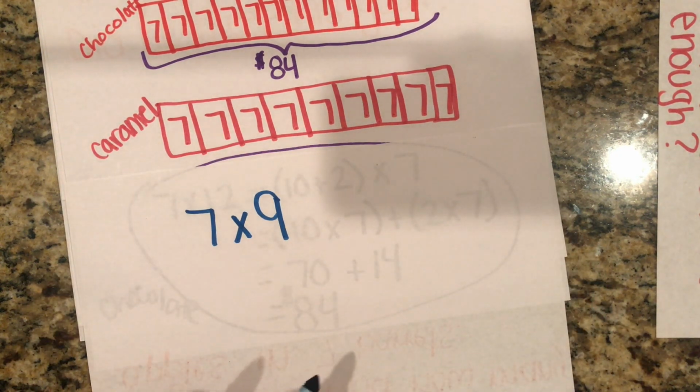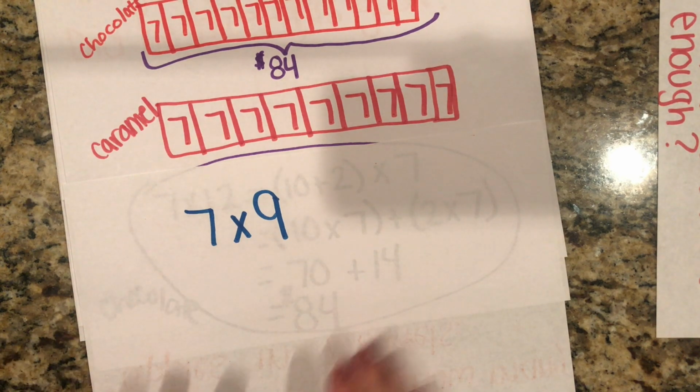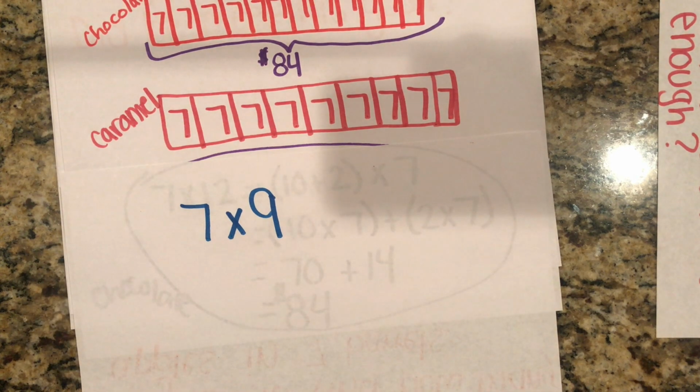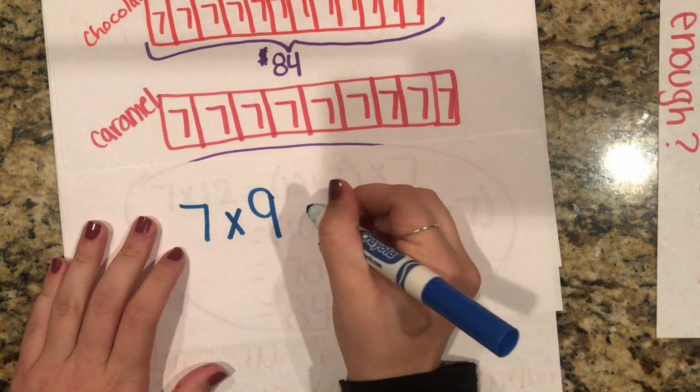Instead of breaking 9 apart, I'm just going to skip count by 9s, or I can use my finger trick. Actually I'm going to use the trick Mrs. Little taught us, because I think that's a really useful trick.